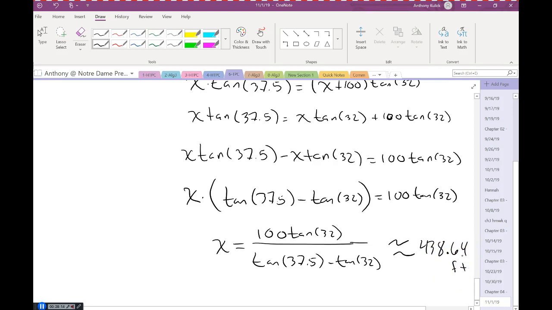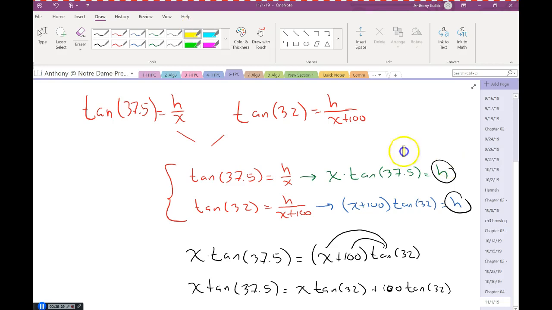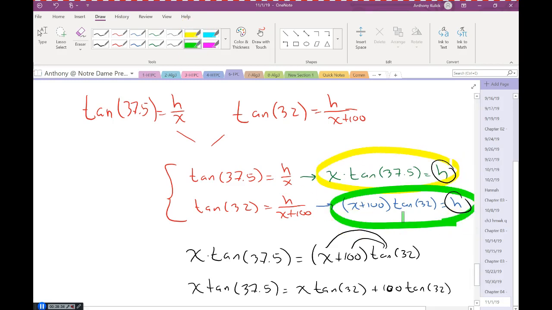But what was this question actually asking us to solve for? The h, right? But that's okay. Once we have this x, it's going to be really easy for us to solve for h. All I need to do is go back to one of these two equations and plug in my result for x, and that'll get me my h. So I'm going to do it for the first one here.